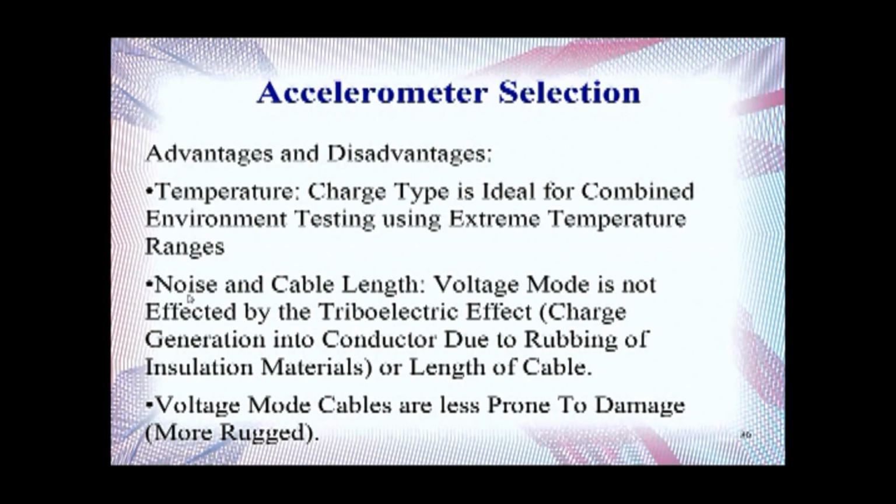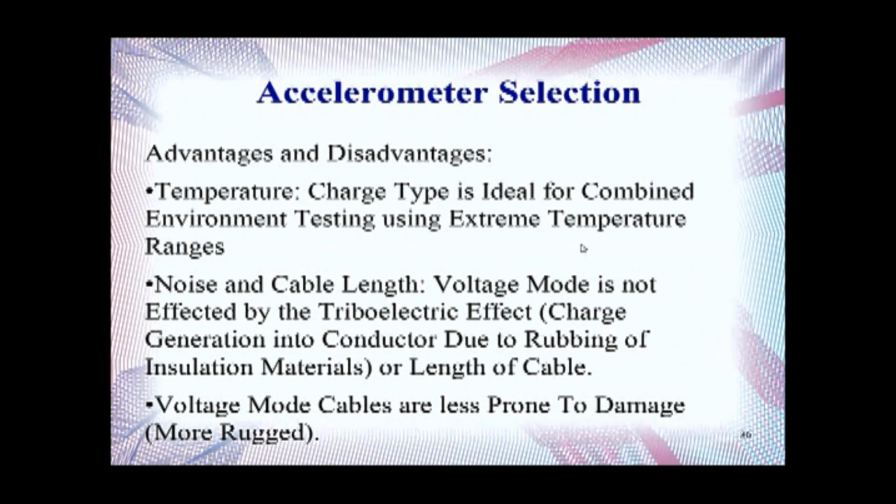Another consideration is noise and cable length. Voltage mode type accelerometers are not affected by the triboelectric effect, which is charge generation into conduction due to rubbing of insulation materials. It is also not affected by the length of the cable.